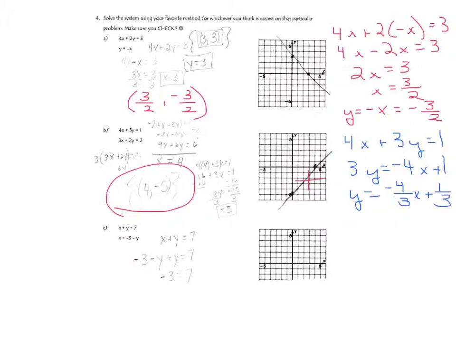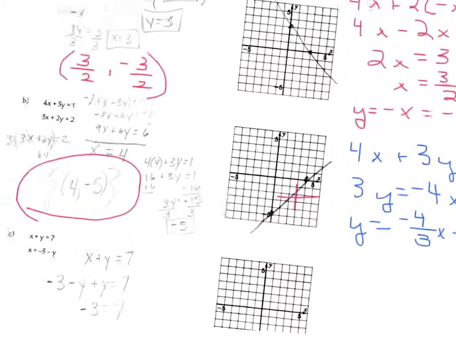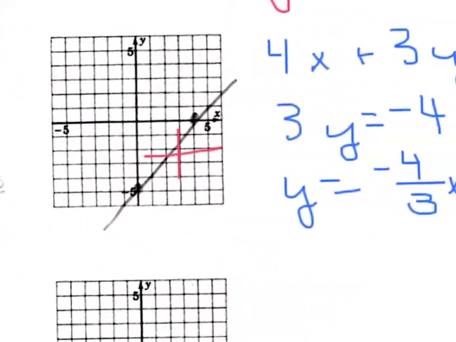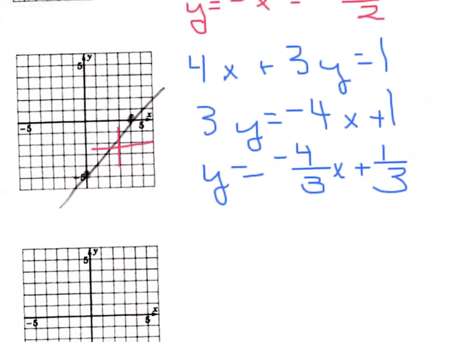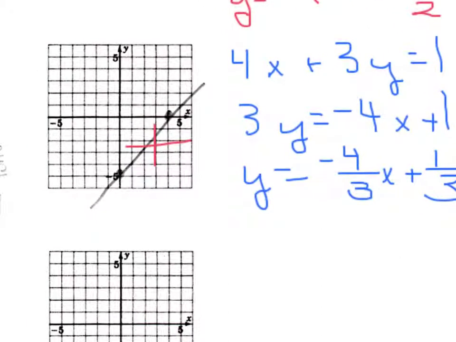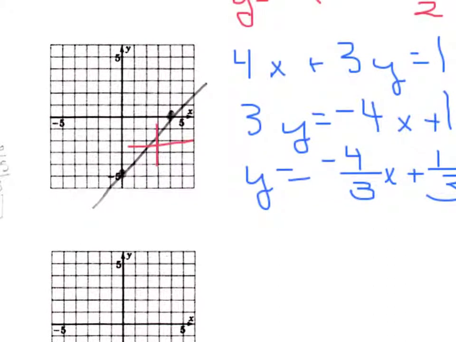Okay, so our line is y equals negative 4/3 x plus 1/3, and I'm going to enlarge this so that I can graph it better. 1/3 is where it crosses the y-axis, so we're going to say that's about here.